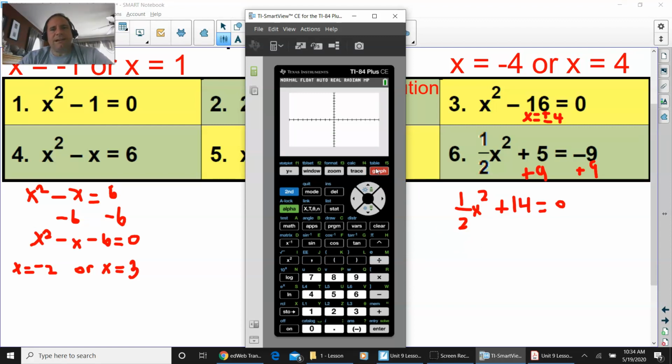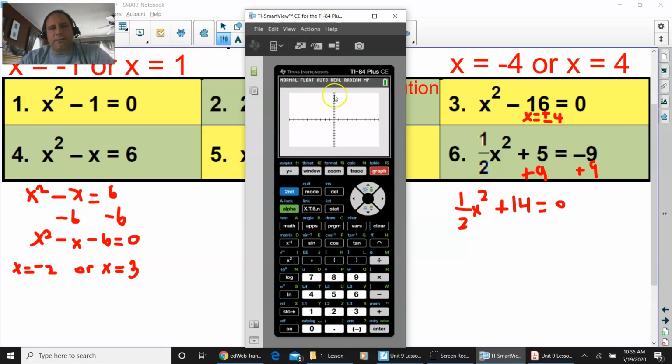I don't see anything. All right, so remember what I said though about the half x squared plus 14. Remember the plus 14, I think of it like, in y equals mx plus b, the y-intercept. Well, that 14 means that it's way off this screen, all the way up here, right?